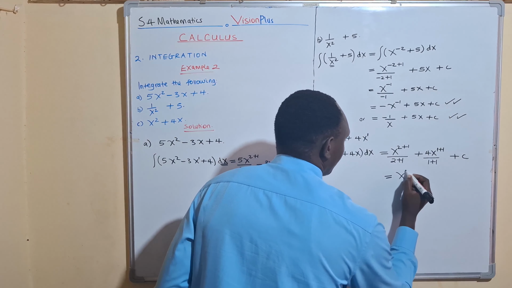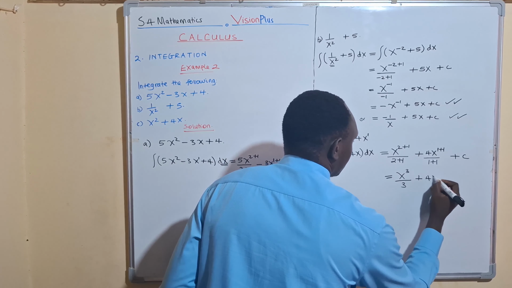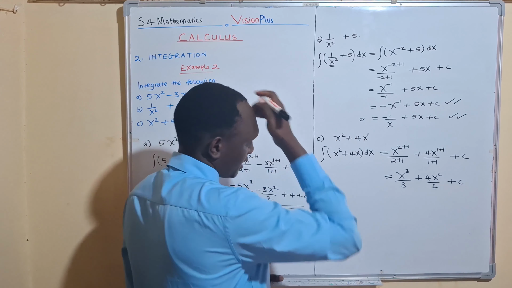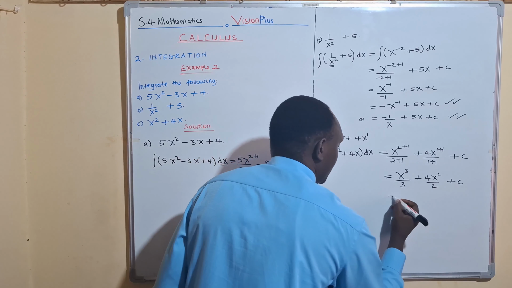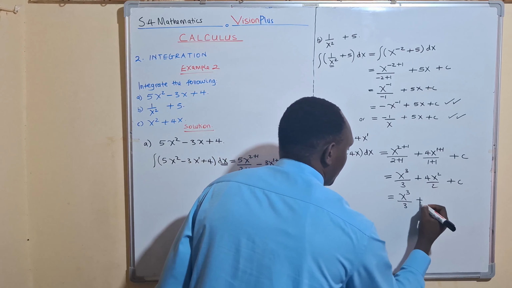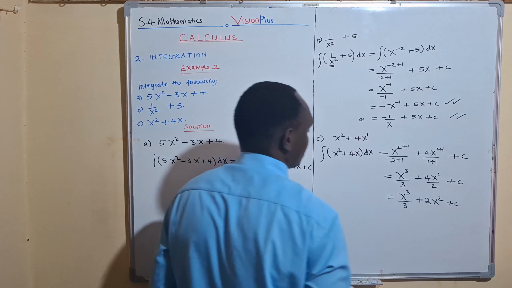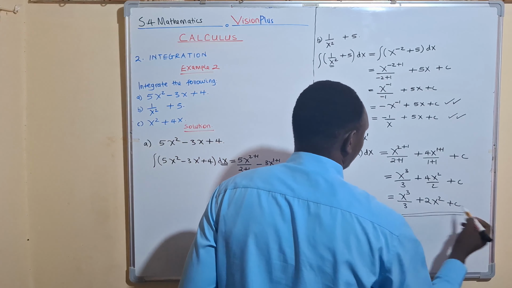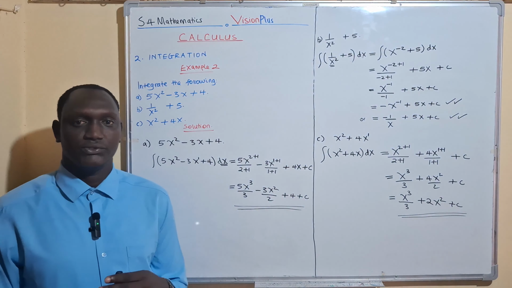This gives us x cubed out of 3 plus 4x squared out of 2 plus c. So you can simplify further, like here we can divide 4 by 2. This gives us x cubed out of 3 plus 2x squared plus c, which is the constant of integration. And this makes the solution to part C, and this is the overall solution to example 2.